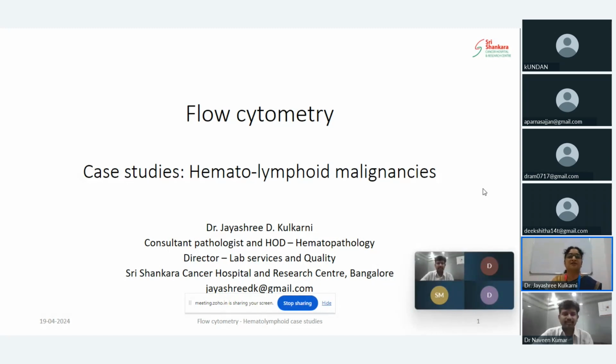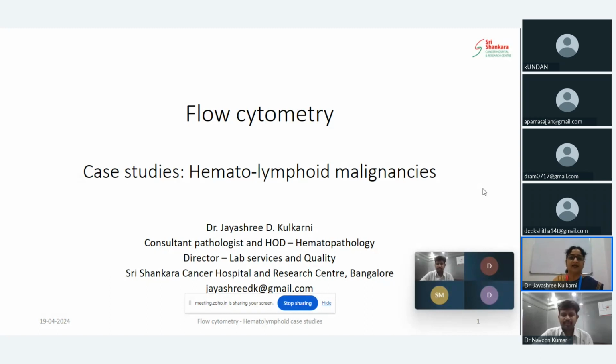Today, the topic which was given to me was flow cytometry case studies in hematolymphoid malignancies. Since I am working in a cancer hospital, I see a lot of hematolymphoid malignancies worked up on flow. But for PG students and for the regular diagnostic laboratorians, I have kept it quite simple.